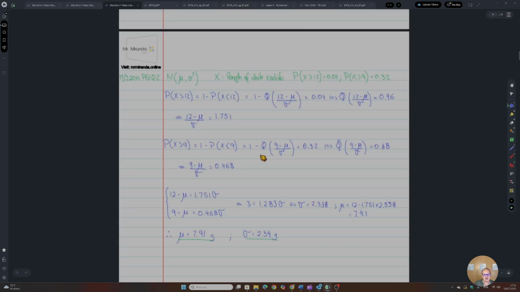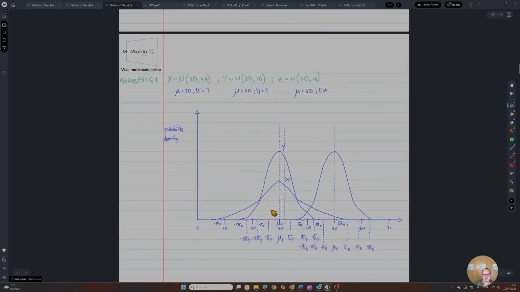You are going to have this. See? X and Y. I already put here the values that are important. Let's compare first X and Y. X and Y, they have the same mean, which is 30. So it's over here.